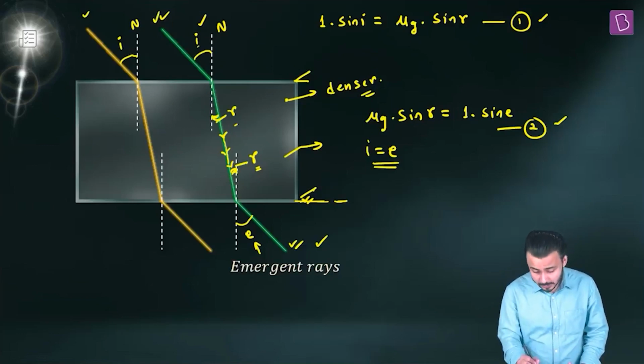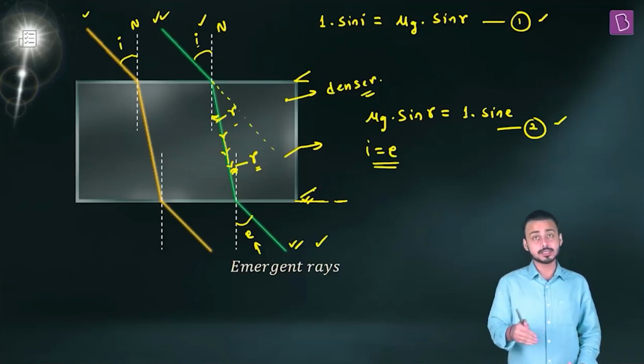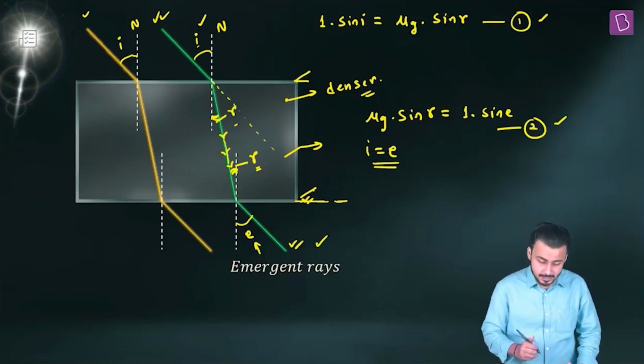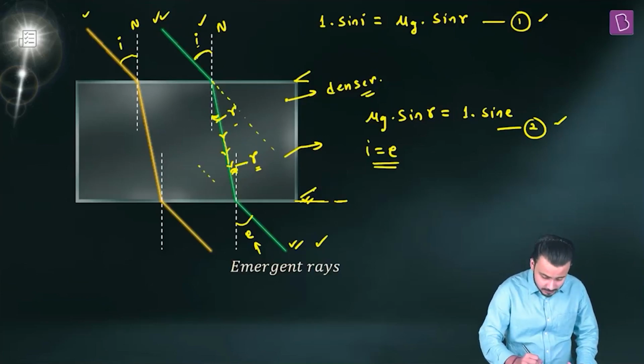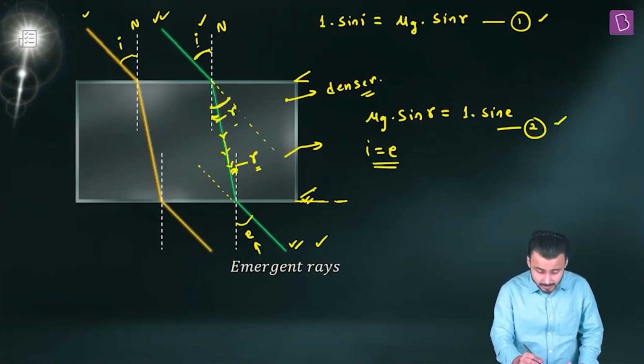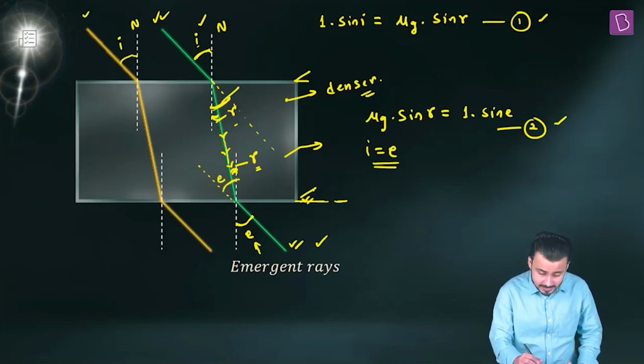Because I becomes equal to E. Now if you extend the figure of the incident ray, then this is I, and this total will be I. And this is E, so this total will be E, and I is equal to E.